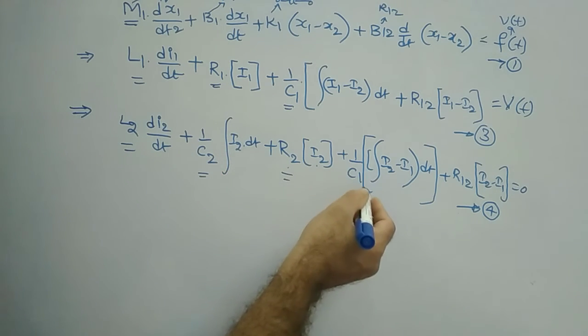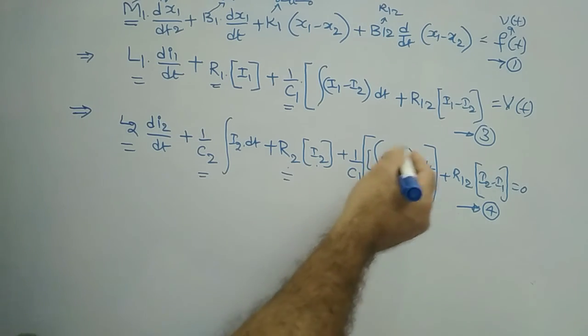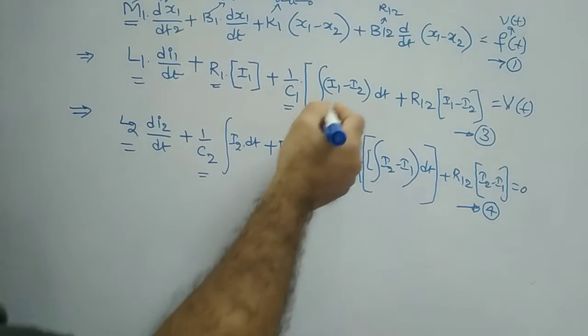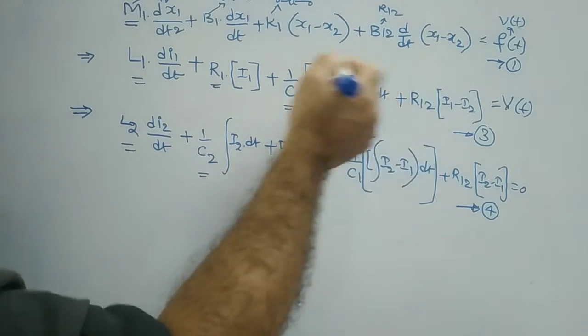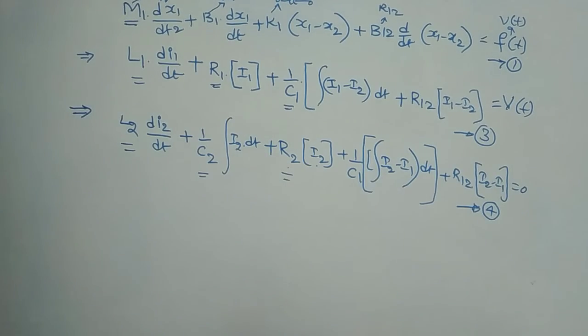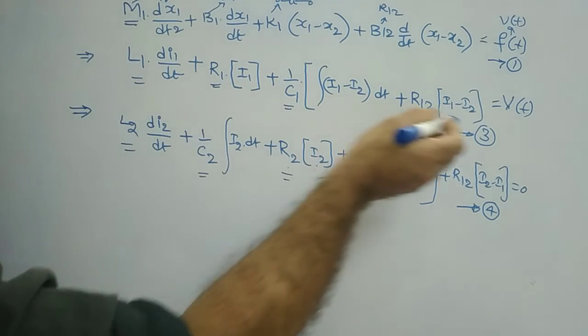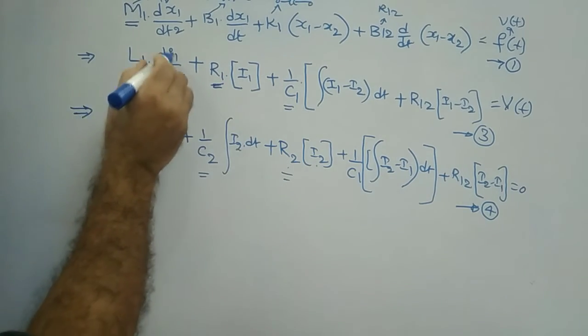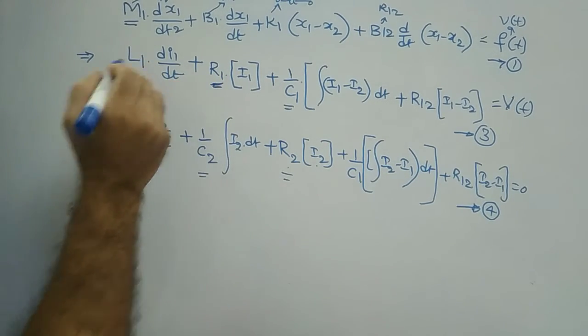And again 1 by C1, this part and this part are equivalent to here. Whatever the common elements are, that common part should come in both the equations.